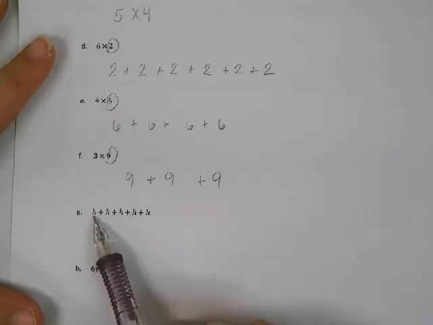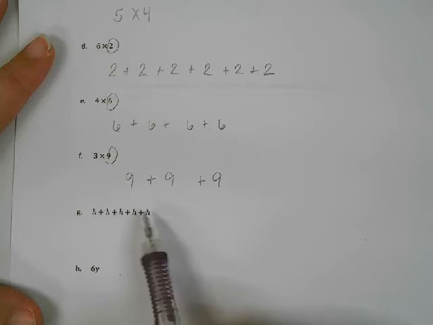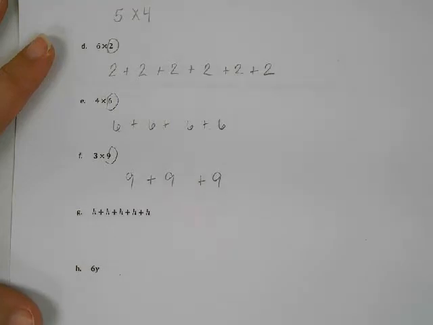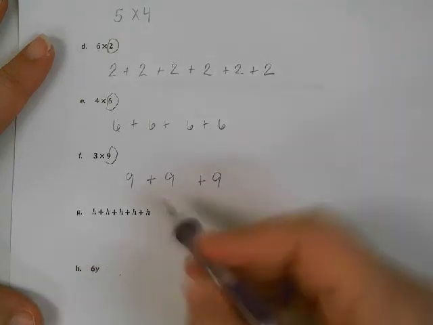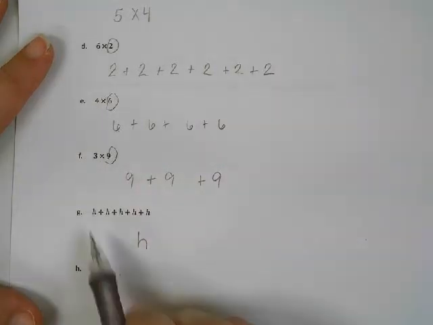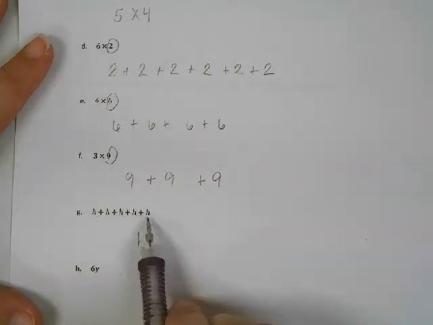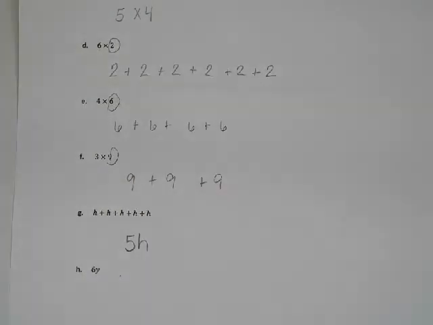For G, I can see that there are 1, 2, 3, 4, 5 H's. It's repeated addition, so I know my equivalent expression is going to be multiplication. And instead of this being numbers, it's just letters. So I'm going to write down that letter, and then I'm going to count how many. There were 5, and so I just put that number in front of the letter.